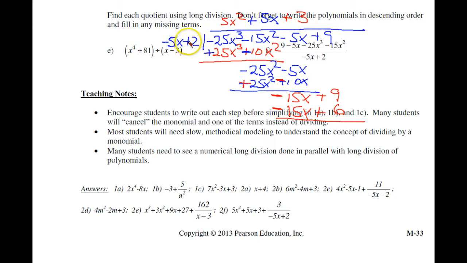So 2 times 3 is 6, positive. Put our line, and now we're going to change signs. This was a positive, now it's going to become a negative here.